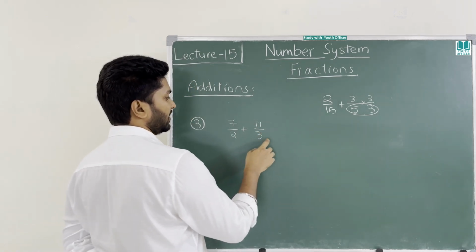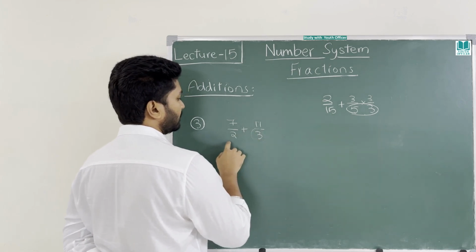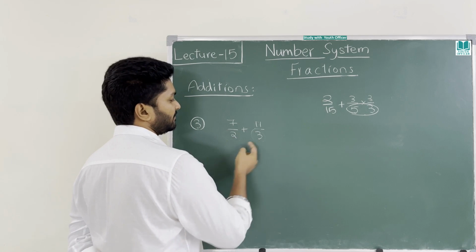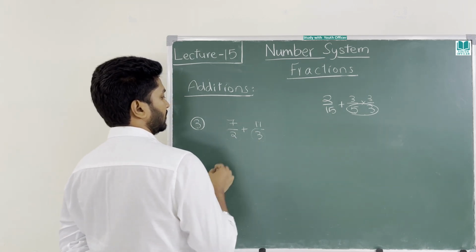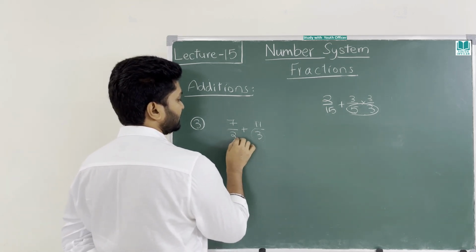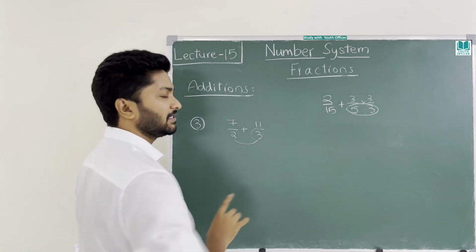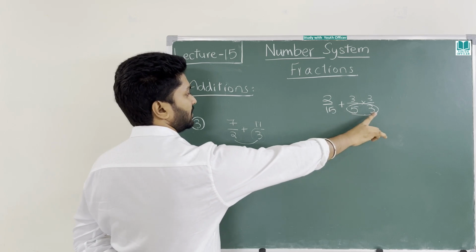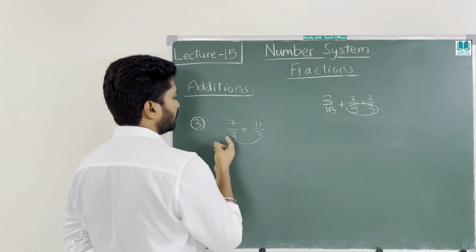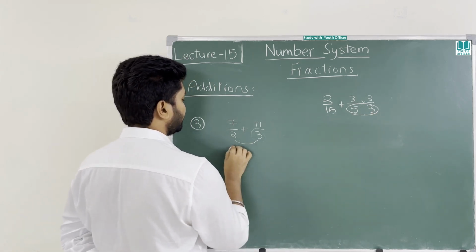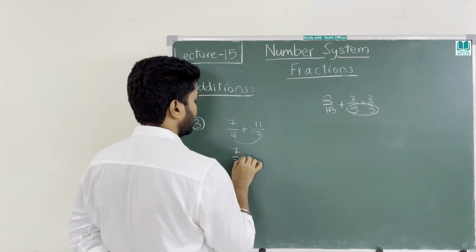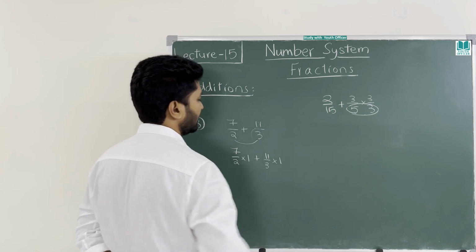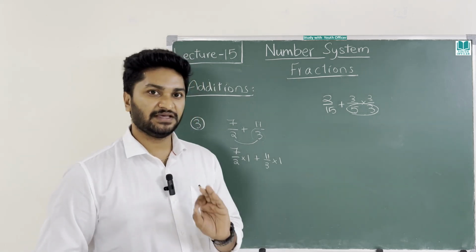Can you multiply here with something so that it will become 2? No. If you multiply this with something, will it become 3? No. In that case, these two don't have any common number to cancel. Here there was a common number, so you just multiplied it directly. Now in both of the fractions you have to multiply by 1 in such cases. Otherwise you have to use the LCM concept.